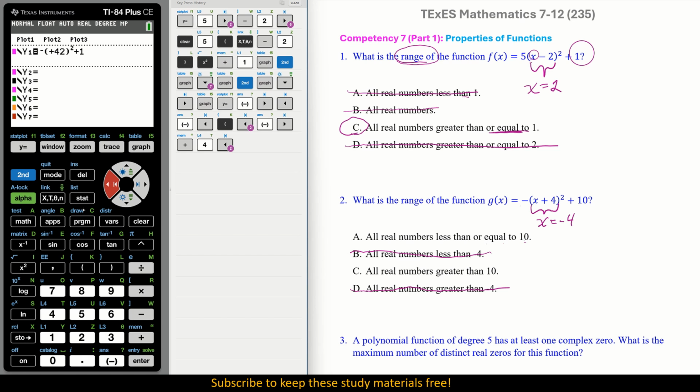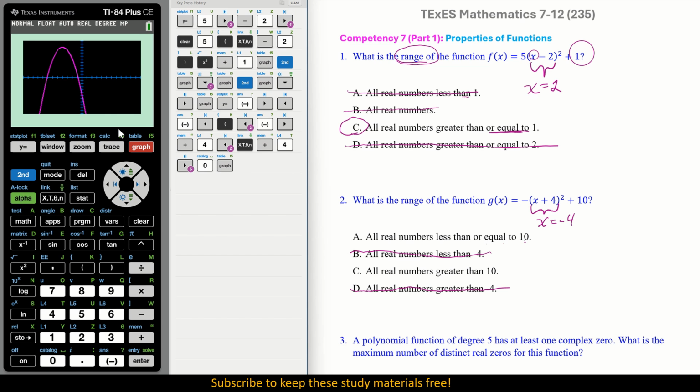Be careful typing over. It's so easy to make a mistake. Double check. Don't just type in and then go to the next thing. So double check: negative x plus 4 squared, and then plus 10. We're fine. Now let's graph it.